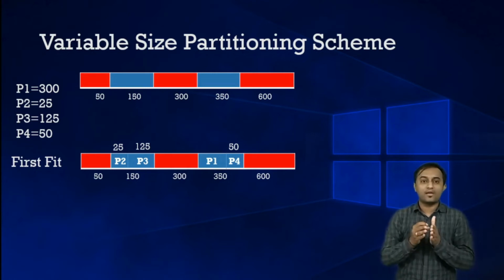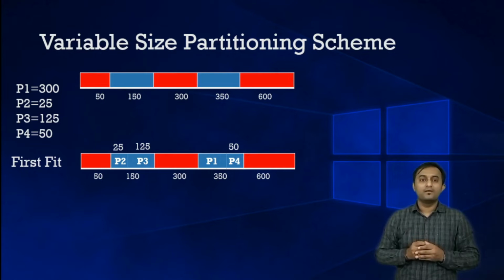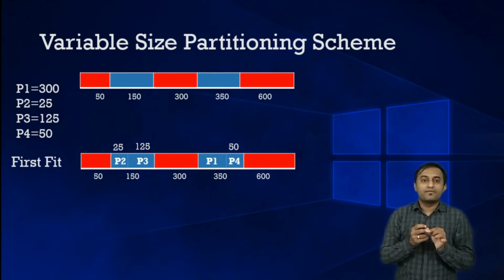So it will not scan all the available blocks beforehand. Here, when P1 requested 300 KB, what will the first fit algorithm do? It will start searching from the initial position. The first block, of size 50 KB, is already occupied.